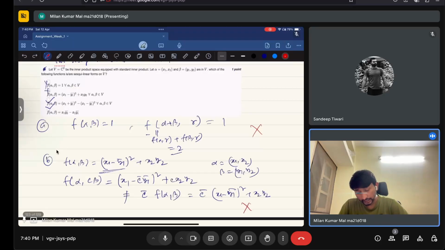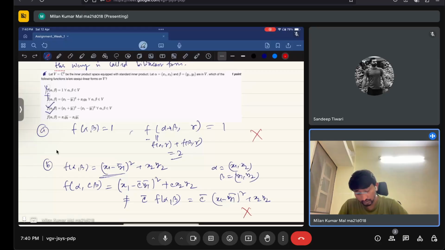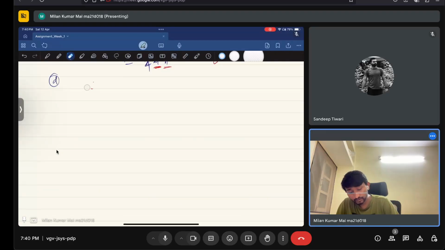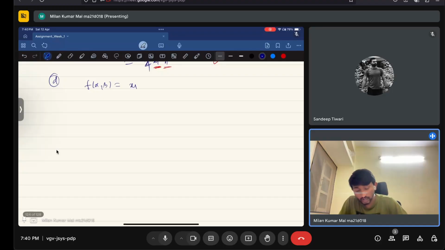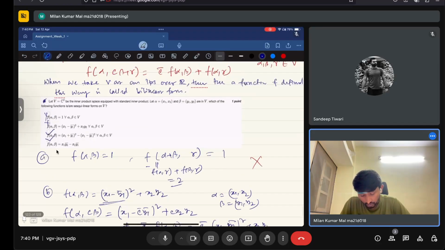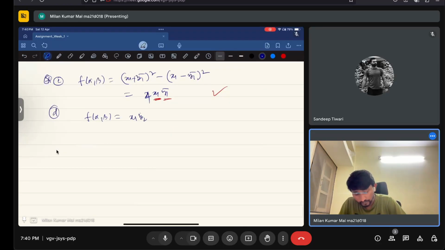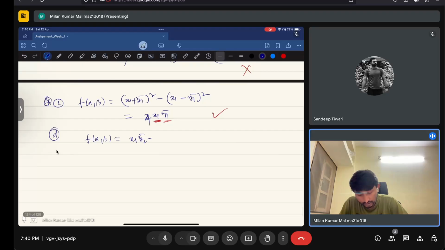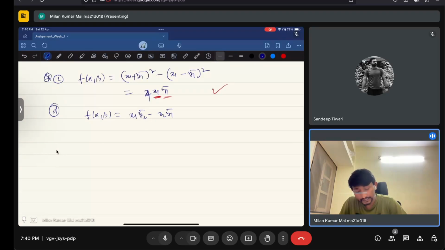Okay. The D option says that f of alpha beta is equal to x1 y2 bar minus x2 y1 bar, right?